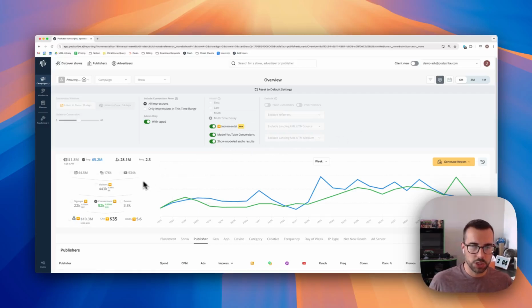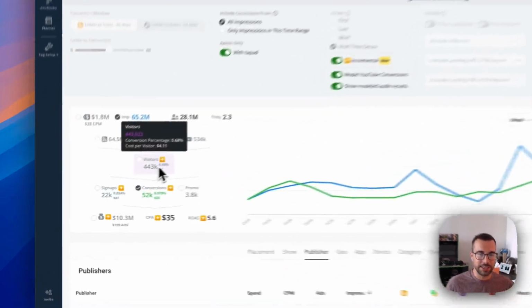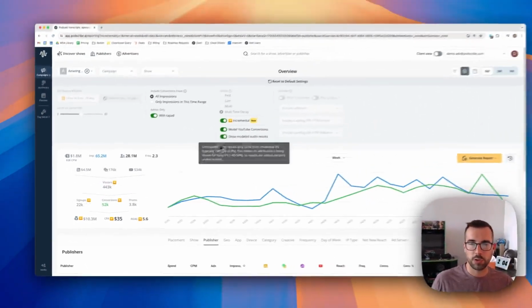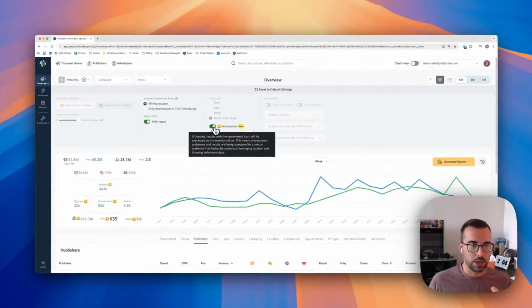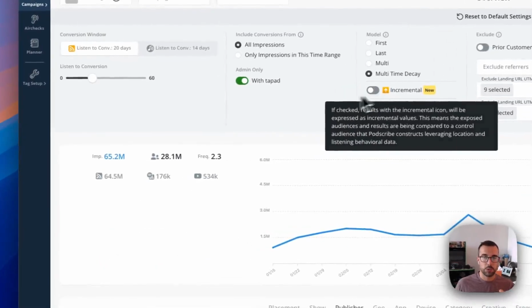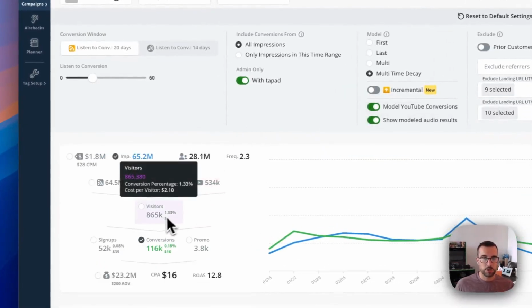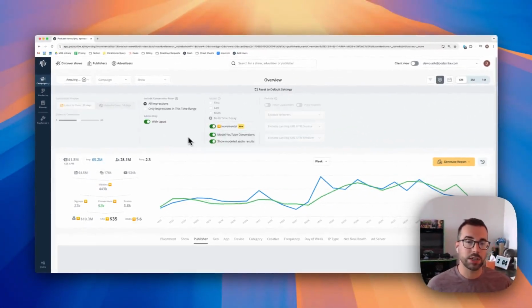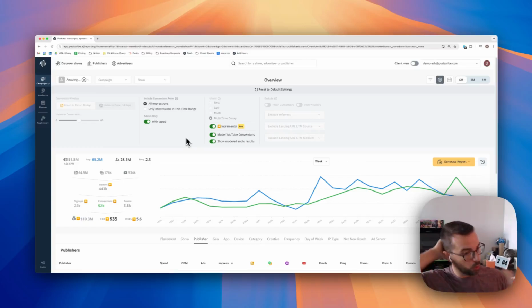And now everywhere where you see the incremental icon is an incremental number. So you'll notice that from an incrementality perspective, we see about 443,000 attributed conversions are incremental. When I turned off incrementality, we saw around 865,000. So a subset of these visitors are indeed considered incremental, important numbers for larger advertisers.